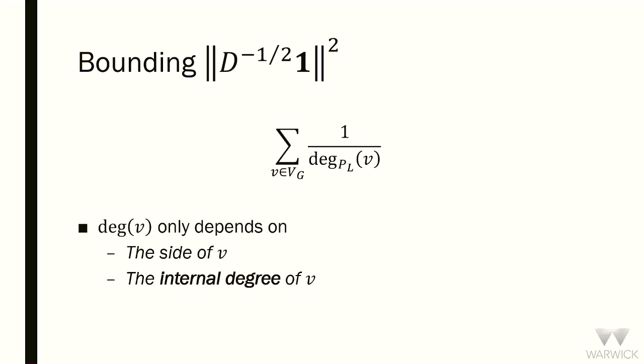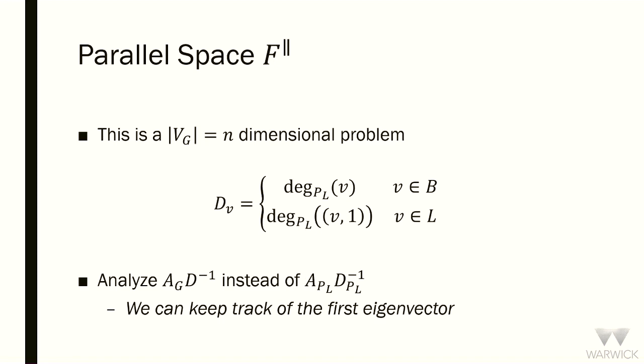Okay, so actually maybe I forgot to say something important. Here, when we translate the problem from a large dimensional problem to an n-dimensional problem, the important fact is that we could keep track of the first eigenvector during this process.